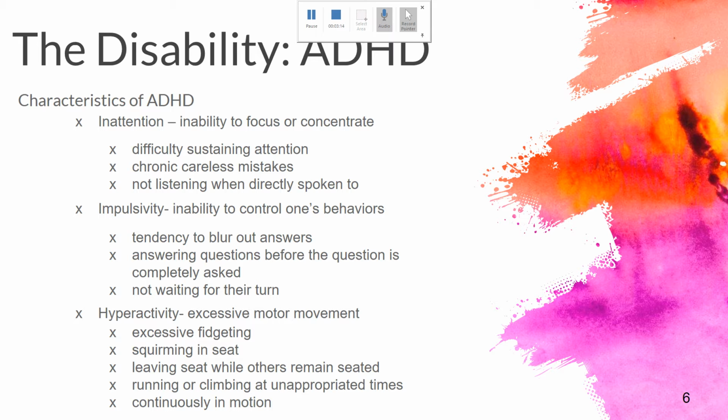Another characteristic of ADHD is impulsivity, which is the inability to control one's behavior. Characteristics of this in a classroom setting would be the tendency to blurt out answers whenever a teacher asks a question, and also answering questions before the question is completely asked.